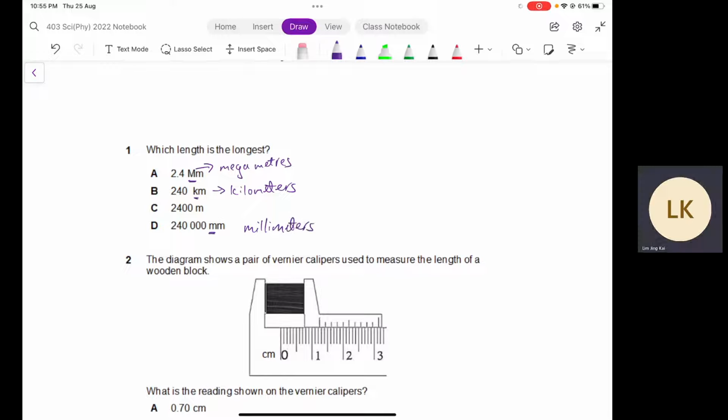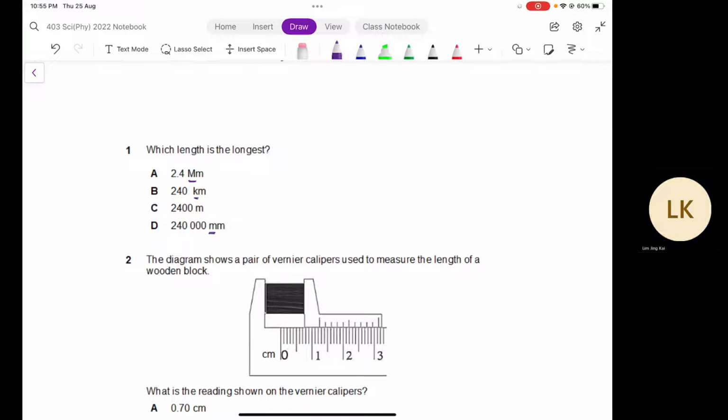At first glance, it might be very difficult for you to compare easily. But the technique to answering this question is to compare in the same units. So if I convert everything into meters, A would be equal to 2.4 times 10 to the power of 6 meters, because mega means 10 to the power of 6.